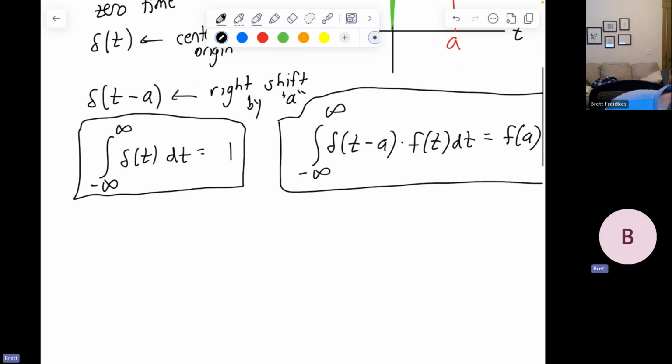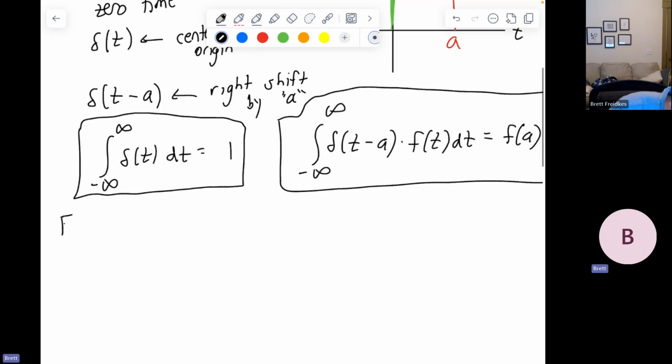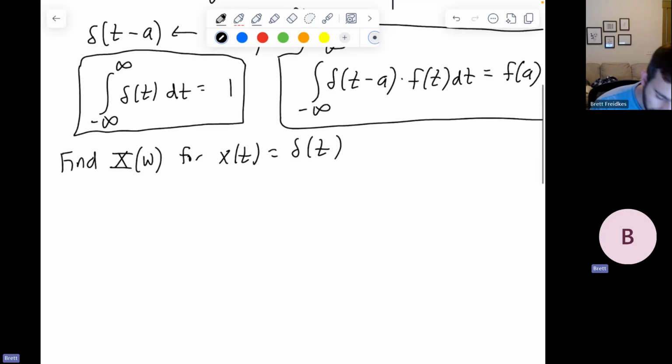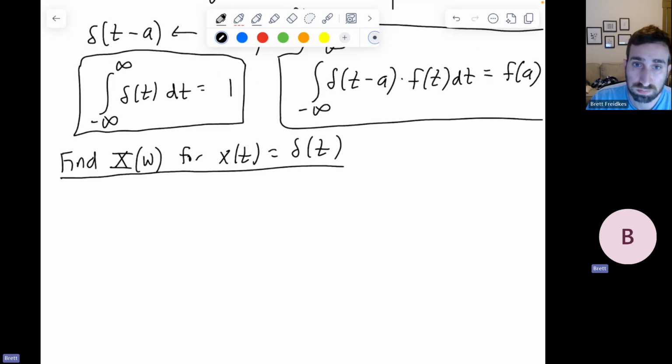So now the question is, find x of omega for x of t is equal to the Dirac-Delta function. That's what we need to find. So I already wrote the equation, I'll write it again.